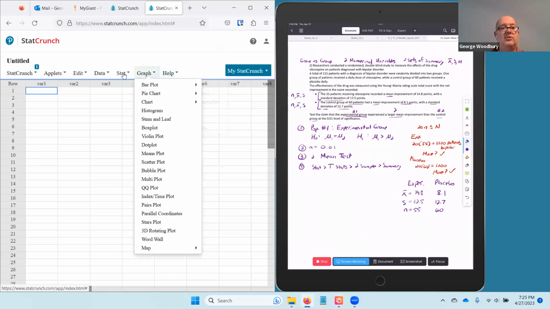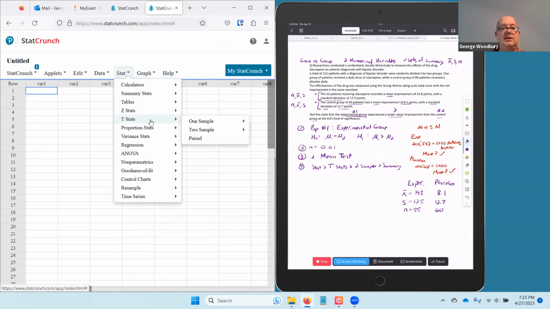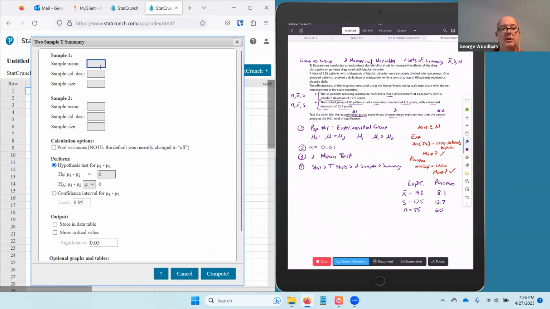Like I wrote down, Stat, T, two sample with summary. The first group, 14.8 for the mean, 12.5 for the standard deviation, and 55 for the size. For the second group, 8.1, 12.7, and 60.